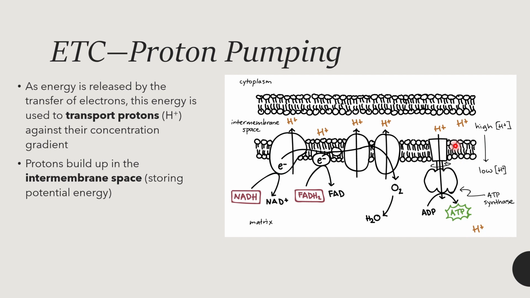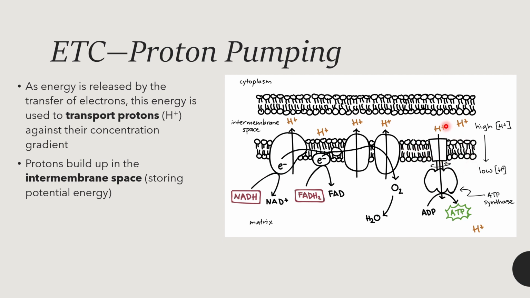Now, what's going to happen is that potential energy is going to want to come back to zero, right? These protons don't like being all jammed up in the intermembrane space. They want to fall back through the side, back into the mitochondria. Now, to do that, they really can't pass through this membrane because these are positively charged, and these lipids don't like interacting with positively charged ions.